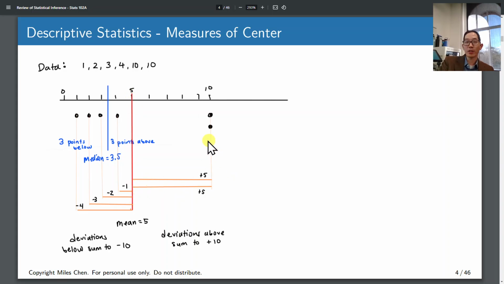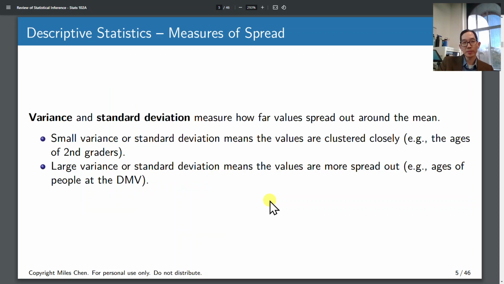What are the deviations above 5? 10 is plus 5 and 10 is plus 5. You have 2 of those, so they add up to 10 on the right-hand side. Then you look at the deviations below, and you have 1, 2, 3, 4. That adds up to 10, so you're balancing out the deviations. So they're both ways to balance out the data. It's just, what are you balancing? One is balancing the number, and the other is balancing these deviations.